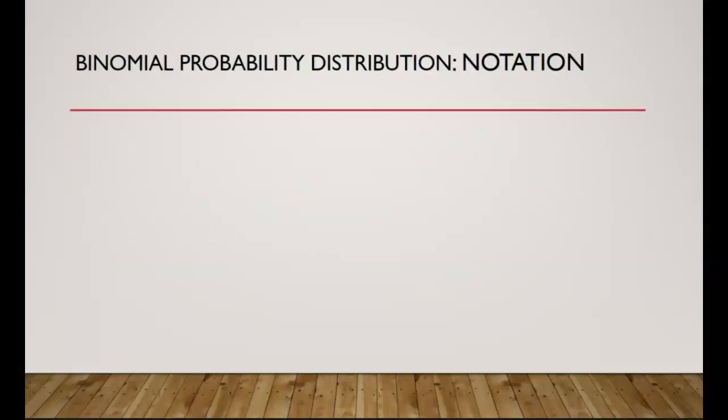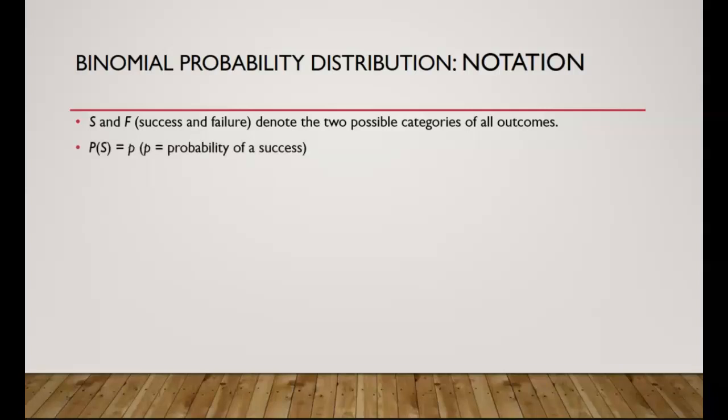We'll use the following notation for the binomial probability distribution. S and F, success and failure, denote the two possible categories of all outcomes. P(S), or p, is the probability of success.